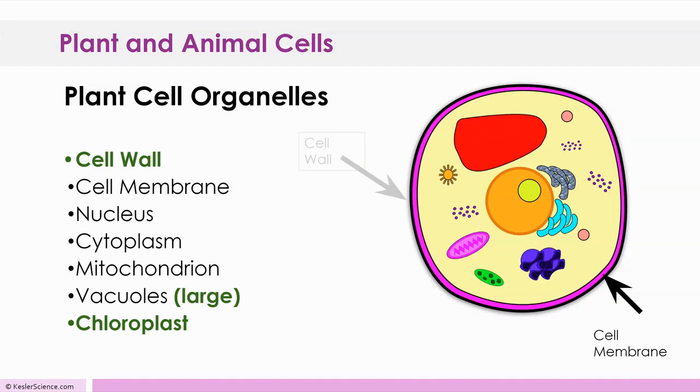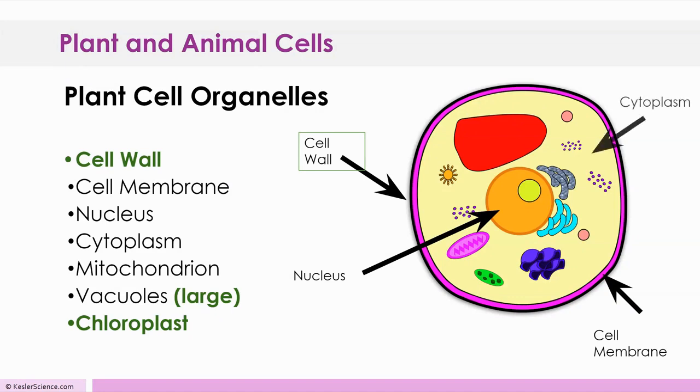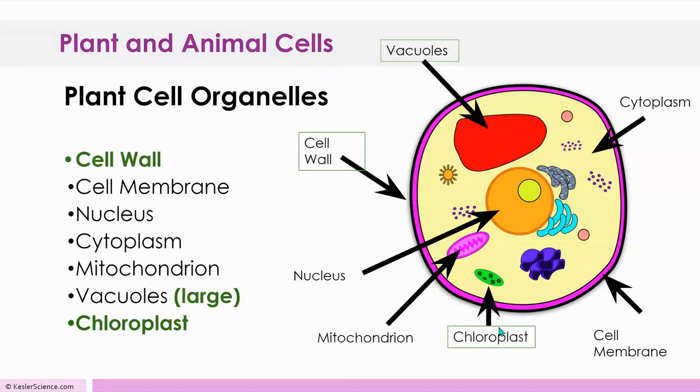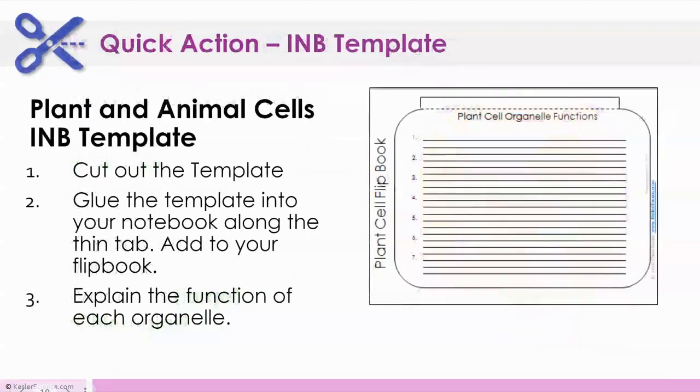So we have the cell membrane, the cell wall outside of that, the nucleus, the cytoplasm, the mitochondrion, and the vacuoles. You can see that the cell wall, the large vacuoles, and the chloroplasts are highlighted in green because they are found in plants. Vacuoles are also found in animals, but they're large in plants.